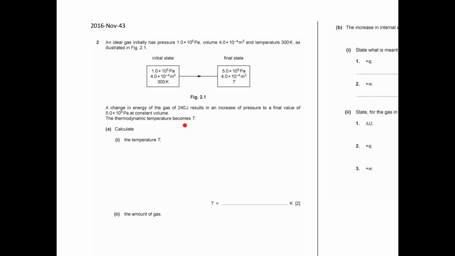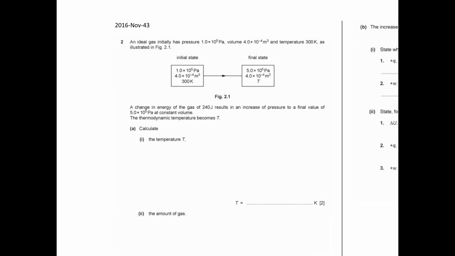Calculate the temperature T. Okay, so we can count it straight away for this. This is quite direct. Since they give pressure, volume, and temperature, we use the general gas equation. This formula, let me substitute.